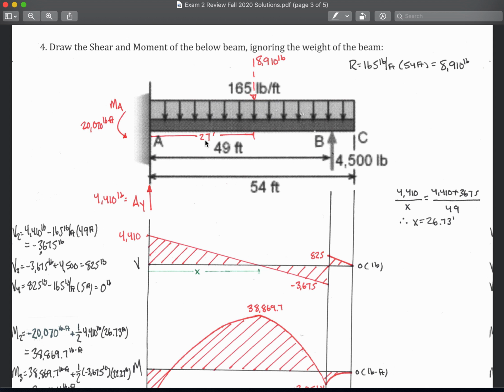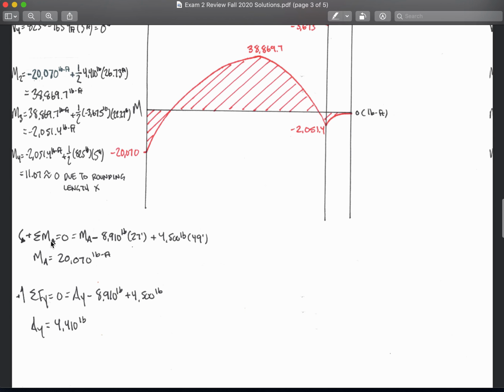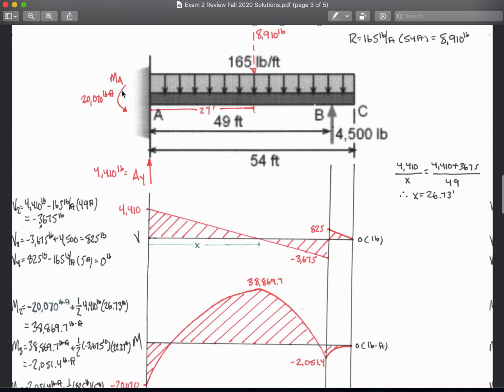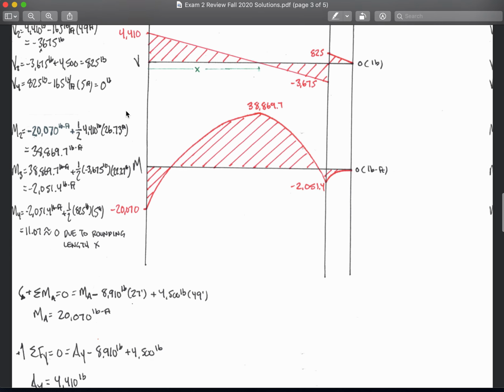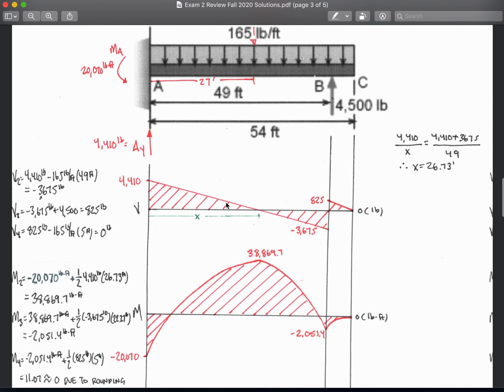Once I've obtained that, I need to determine what MA and AY are, which I've done here at the bottom. I sum the moments at A, that equals 0. When this type of problem has a moment in it, you include the moment here, MA, which is in the positive direction. I assumed it to go counterclockwise, so it appears positive in the equation, minus the 8,910 pounds, which we just attained, that acts at a distance of 27 feet from A, plus this 4,500 pounds that acts 49 feet away.